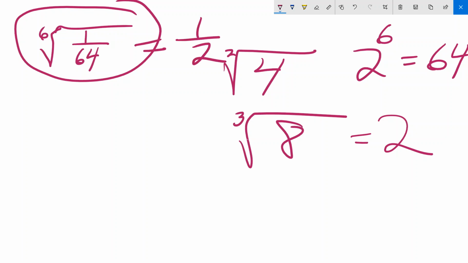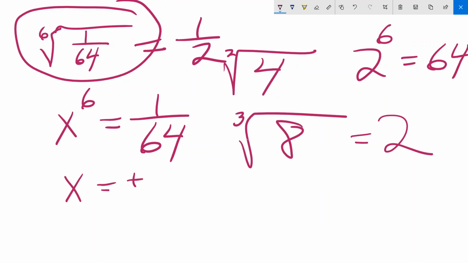Now, it's not quite complete. Actually, it is. Sorry. Let me change the problem for a moment. That would appear to be the same problem, but it's not. This means x equals plus or minus 1/2, because when I take the 6th root of both sides, I get x.